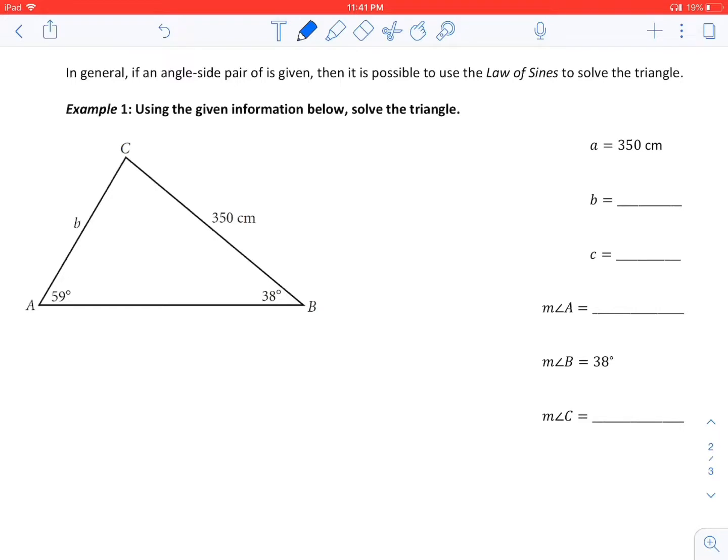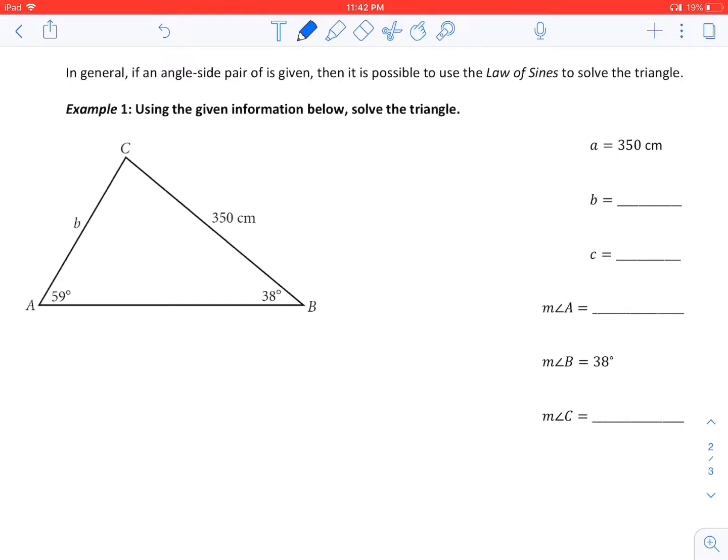I'll remind you that solving the triangle means finding all of the angle measures and all of the side lengths. The angle measures are easy, right? Because in this case, I can use the triangle angle sum theorem to say that the sum of the angles in a triangle has to be 180.